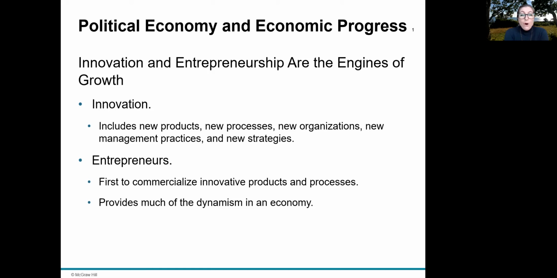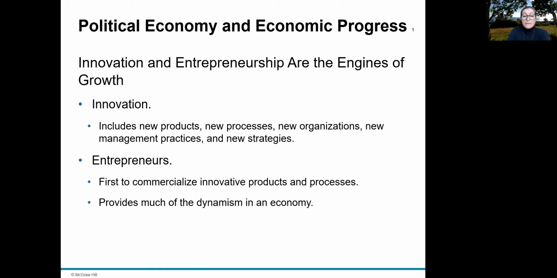Okay, so drivers of economic progress and stability in the political economy are recognised as innovation and entrepreneurship. Innovation, we're talking about product development, service development, organisational development, innovative management practices and strategic innovations.